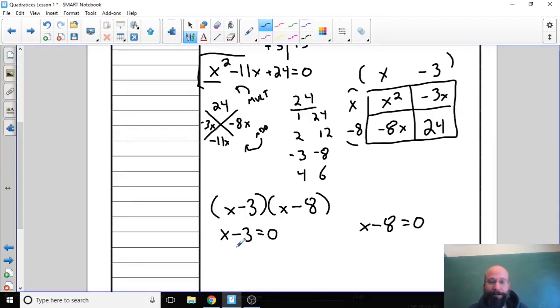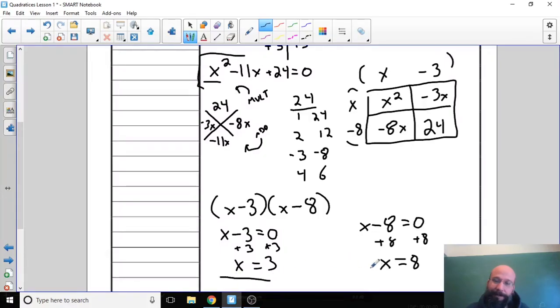How do you move -3 over? You add it. So your answer is going to be 3. How do you move -8 over? You add it. So my 2 answers are x equals 3 and x equals 8. That's my solution, or my roots, or my zeros.